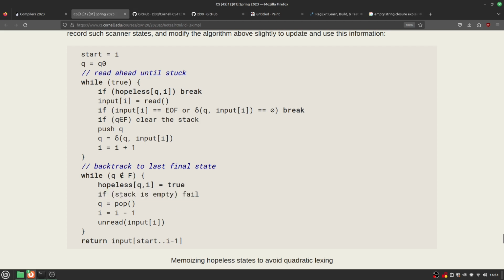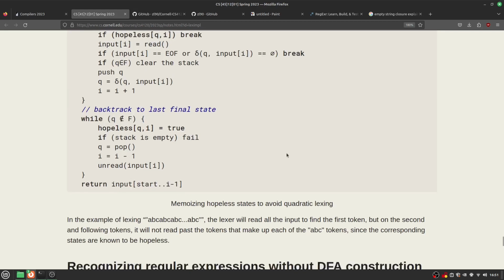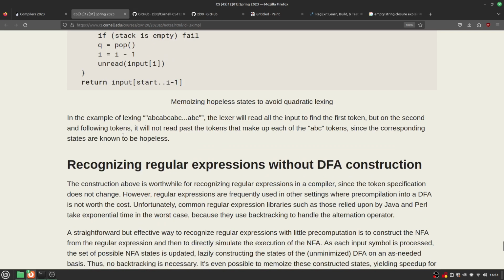If the stack is empty, fail; pop the state and unread. So if we end up in a hopeless state, we break, to avoid quadratic lexing.